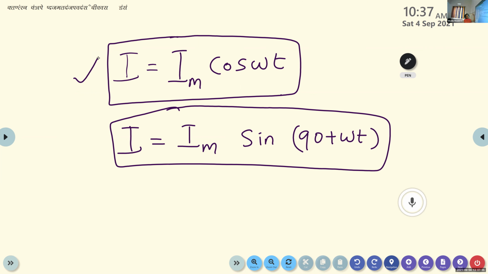So here we just represent the current generated in the capacitor in terms of sine function. It becomes I is equal to Im sin 90 plus omega t. EMF is the same, V is equal to Vm sin omega t. And what do you think? Are the current and voltage in the same phase?